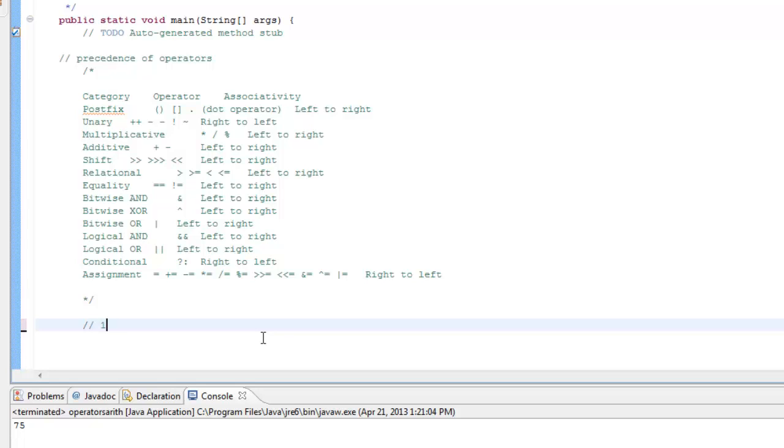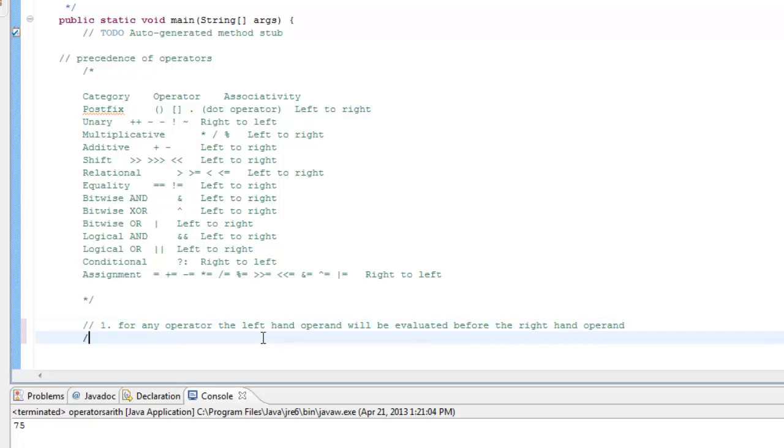The first rule states that for any operator, the left hand operand will be evaluated before the right hand operand.